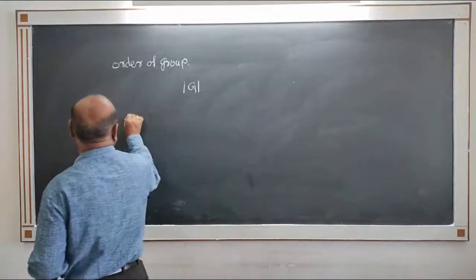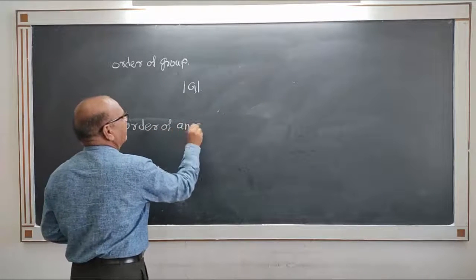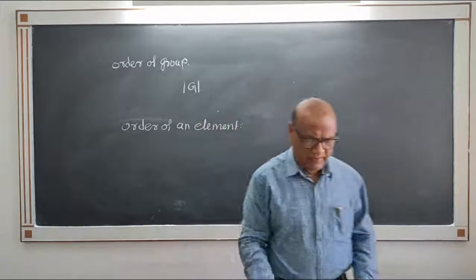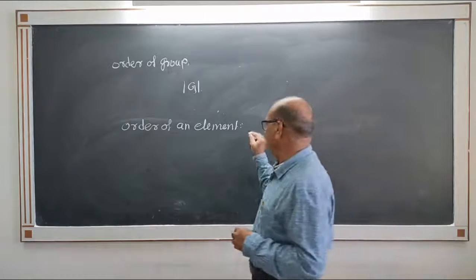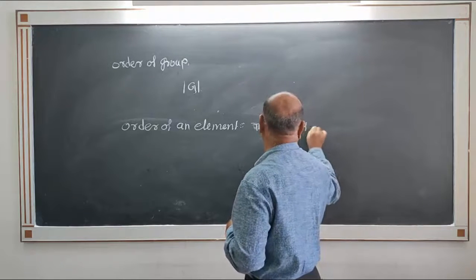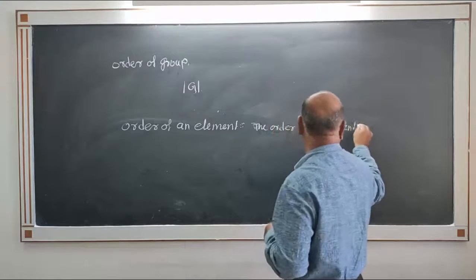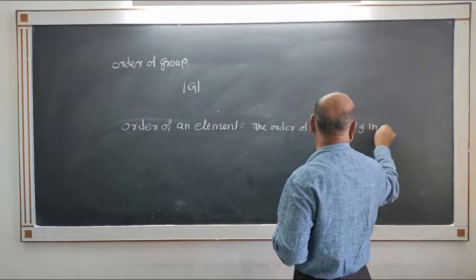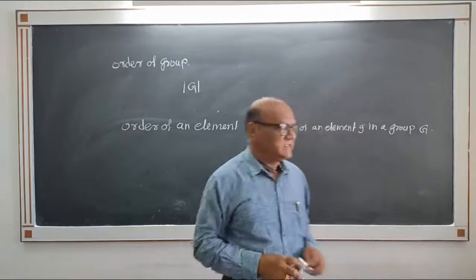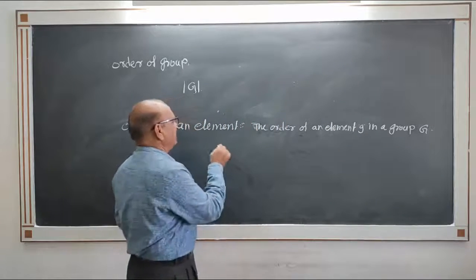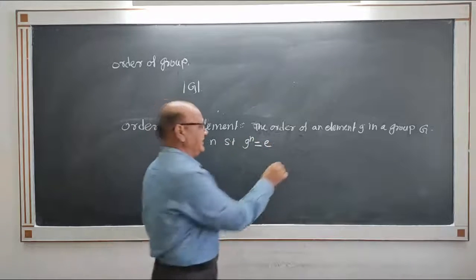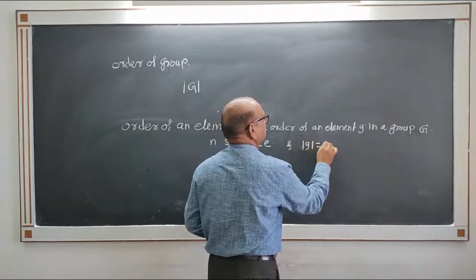Now, order of an element. The order of an element G in a group G is the smallest positive integer n such that G raised to n is equal to E, and it is denoted by order of G is equal to n.